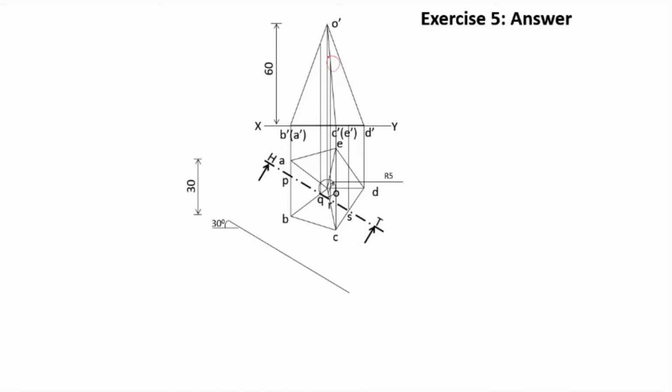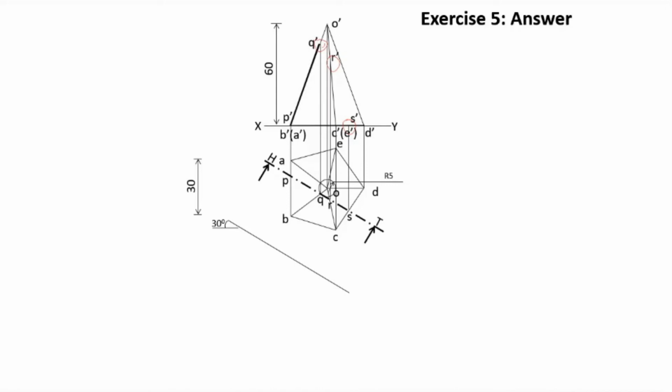Then S dash is in the edge C dash D dash. It should be in between C dash and D dash. So S dash will be here. Here is the point P dash, here is Q dash, R dash and S dash.